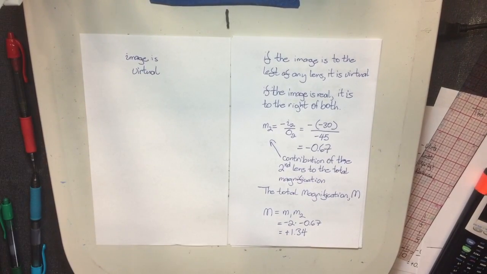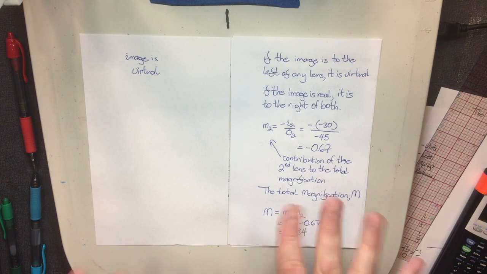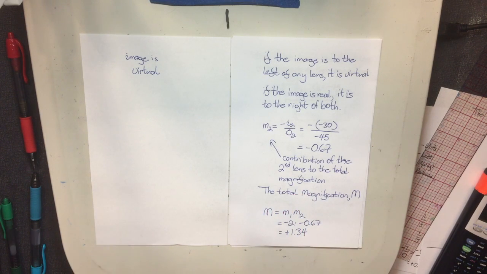Now, what's going to happen in lab is that they've already figured out the numbers. In lab, you will get a real image. There's an optics table, and you can move this plate back and forth, and you can find that image. It's not going to be like this. You will not get a virtual image on your compound lens lab. You're going to get a real image. That thing will just, boom, show up.